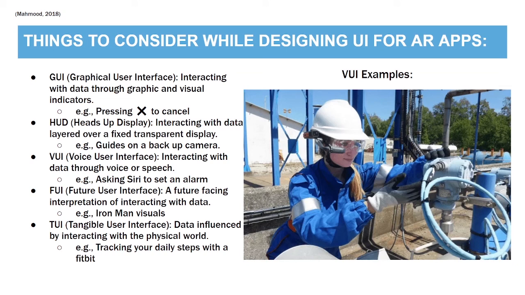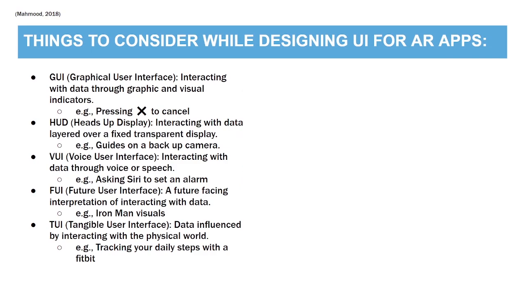And we're also developing a lot of assisted reality technology where people can use AR with their voice on the worksite. A future user interface, or FUI, is a future-facing interpretation of interacting with data.